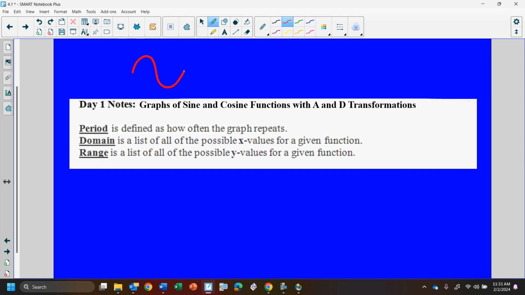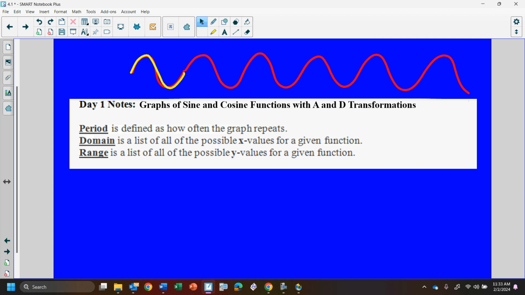And the sine curve repeats and repeats forever and ever. It is periodic, meaning that it has the same chunk of the graph that repeats again and again. That's its period. How often it repeats itself.